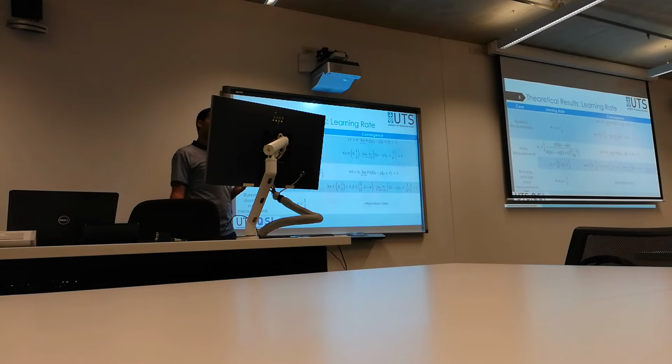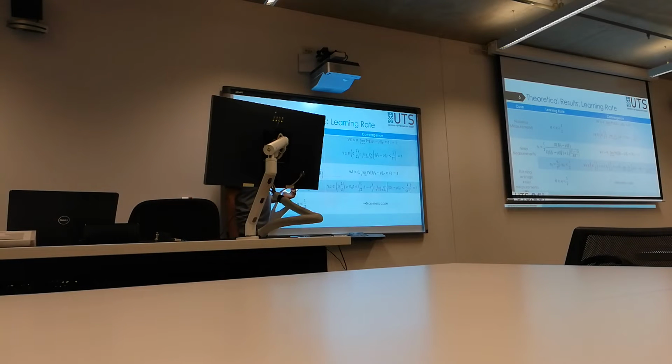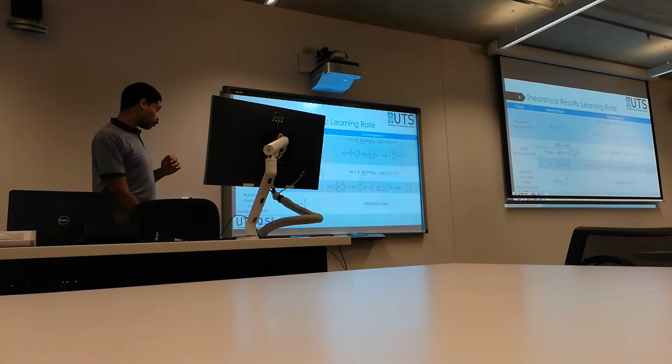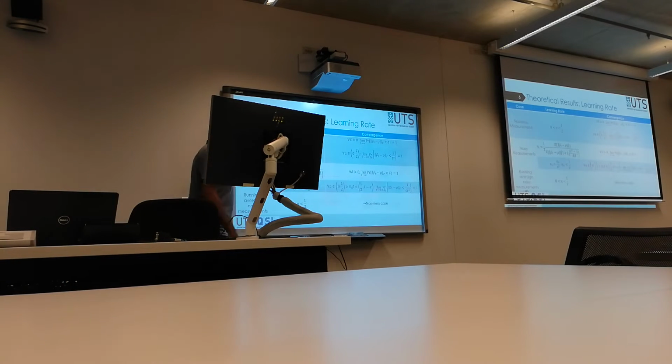So we look for another form, which is taking the learning rate to be decreasing with time, proportional to 1 over t to the power beta. Again, we can show that by selecting beta in the correct range, we get a statement about the convergence of the algorithm. Another method we proposed is to use a running average.